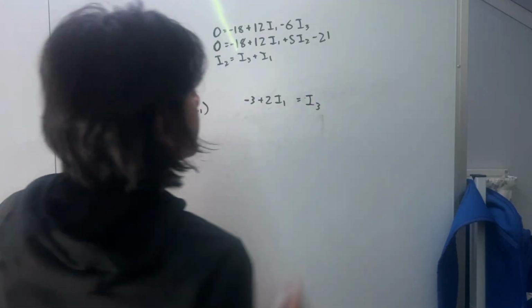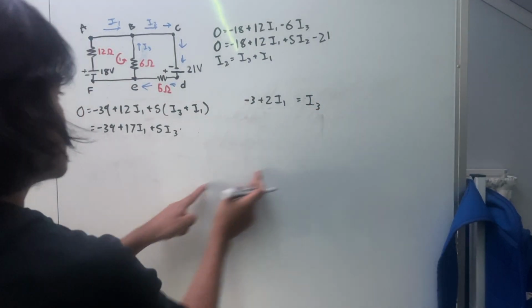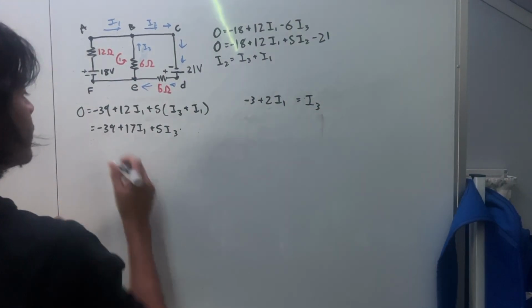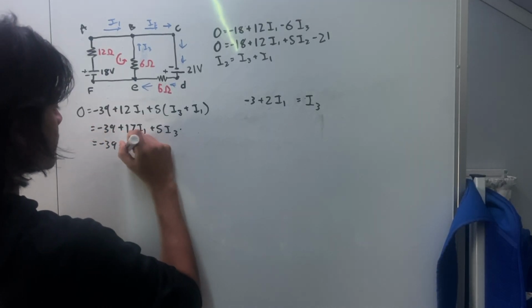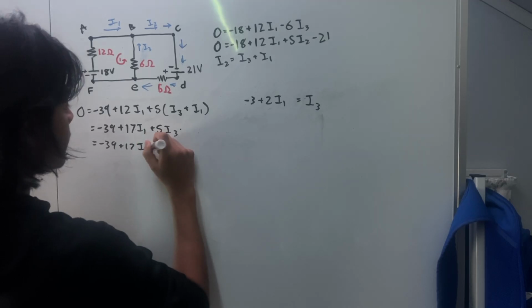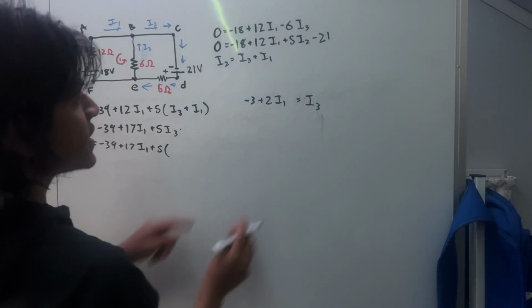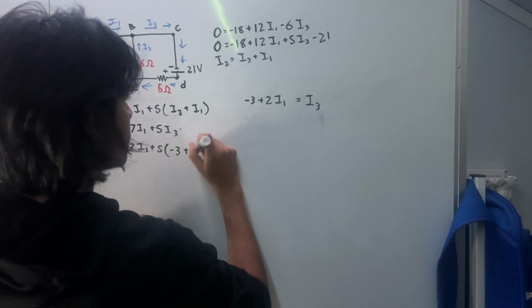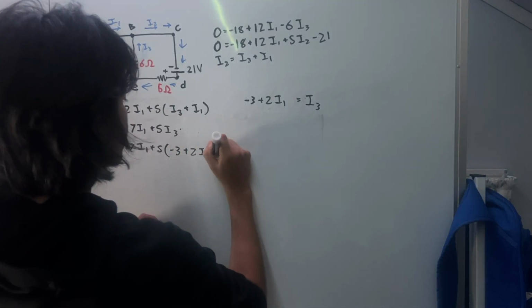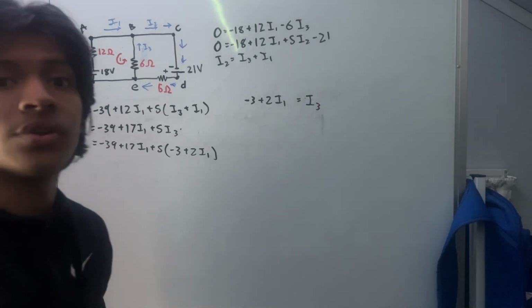So bam. Now we just factor this into this equation right here. So we have negative 39 plus 17I1 plus 5 times this expression right here. So we have negative 3 plus 2I1, bam. And now we just solve for I1.